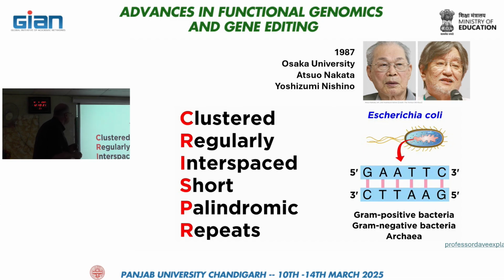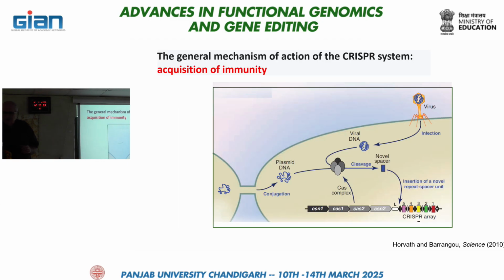CRISPR means clustered regularly interspaced short palindromic repeats. It can be found in gram-positive and gram-negative bacteria and in archaea. So it's a prokaryotic system, and you can probably see this kind of picture in your previous lectures.